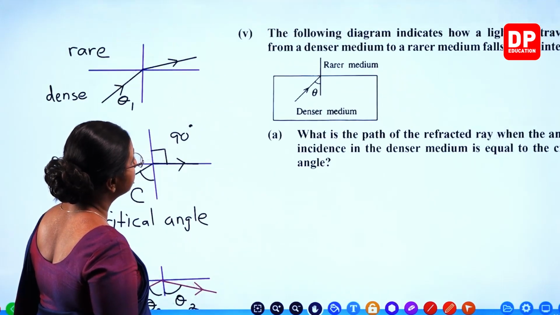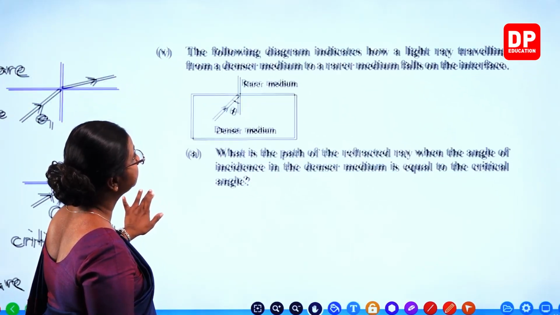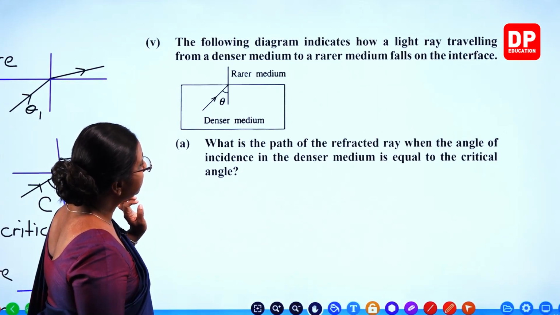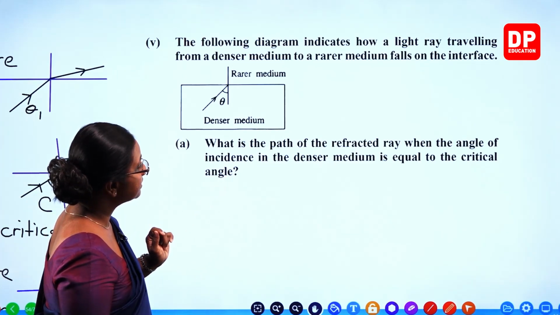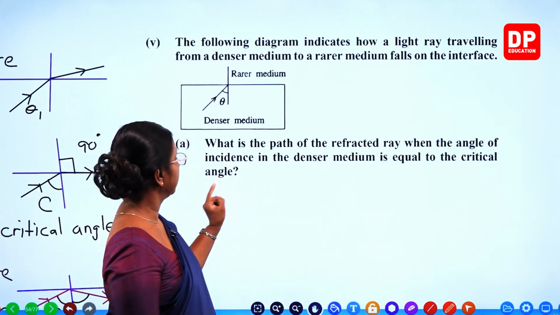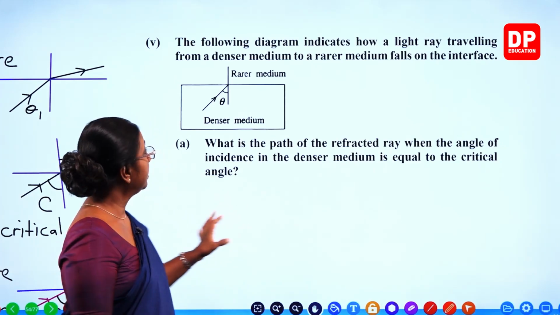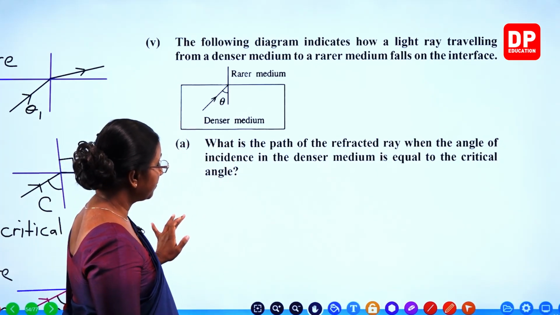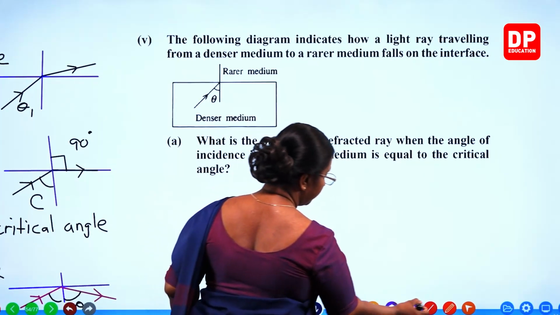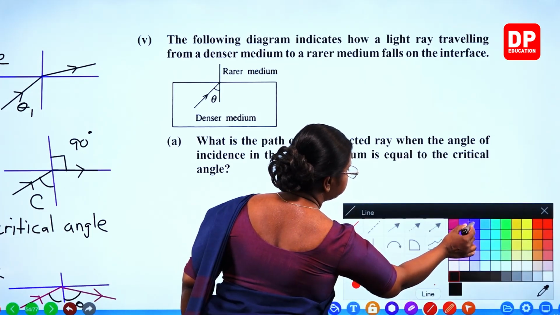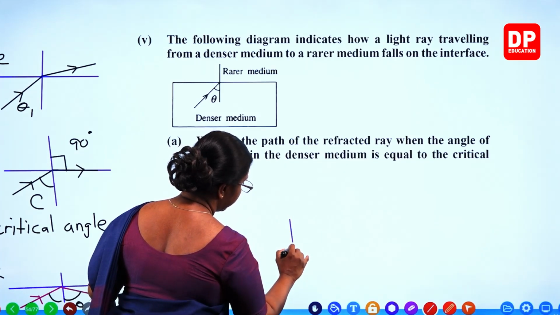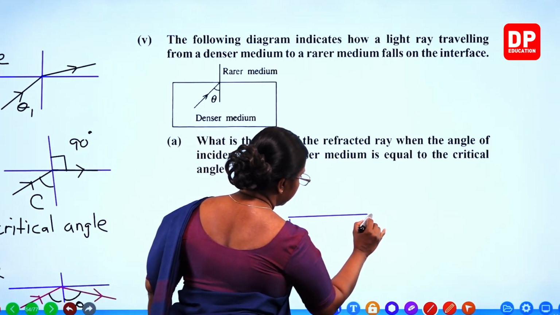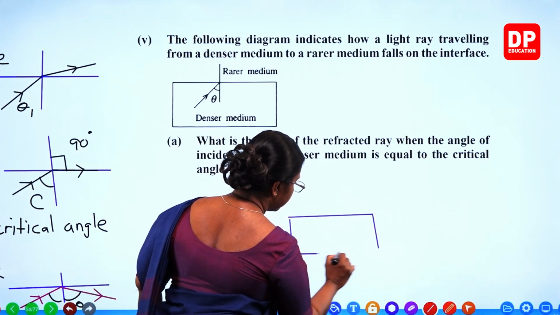Now if we answer the question given here. What is the path of a refracted ray when the angle of incidence in the denser medium is equal to the critical angle? Of course, again you have to copy this diagram and show the path of the refracted ray. So we have the medium like that.